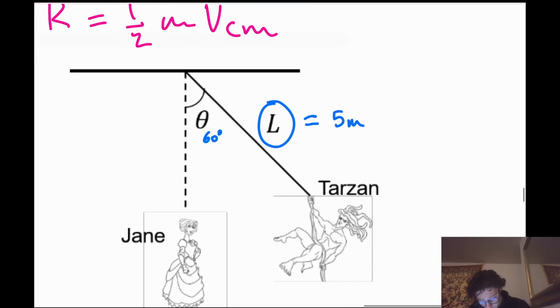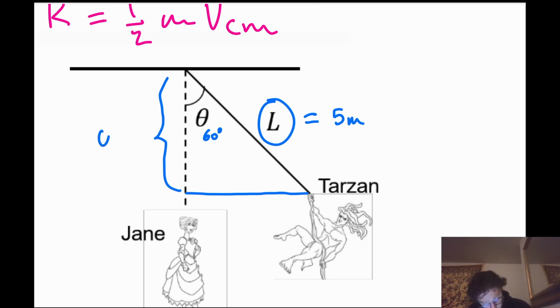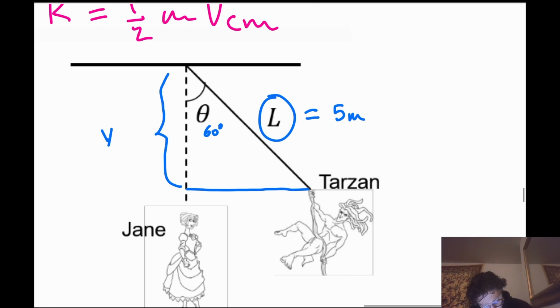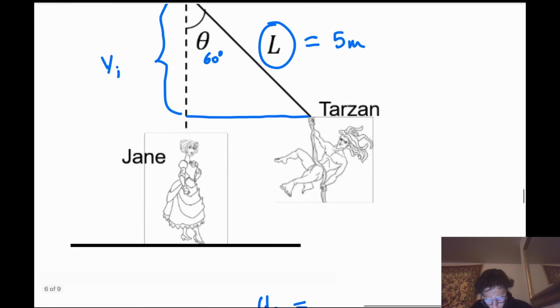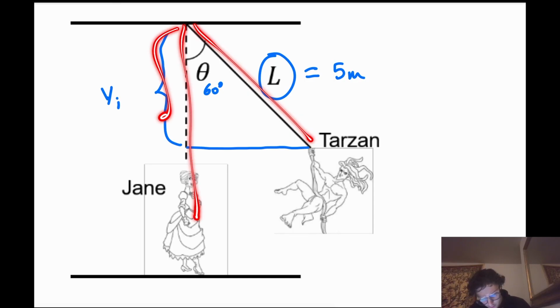So his height over here is exactly the adjacent side of the triangle. Let's call this y initial. And then y final is just the length of the rope, because that's when the rope is completely at its bottom. So the y final is L.